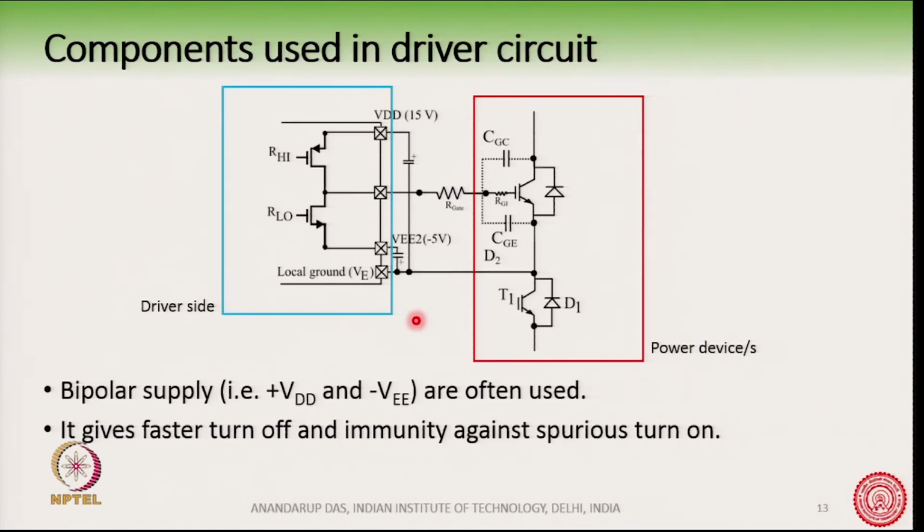These advantages will be particularly helpful for silicon carbide based MOSFETs. So, the application notes from the manufacturers, most of them I will say, recommend a bipolar supply, that is plus VDD and minus VEE, for such high frequency MOSFETs.